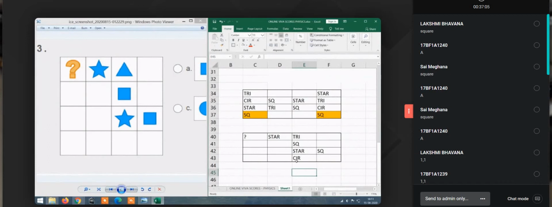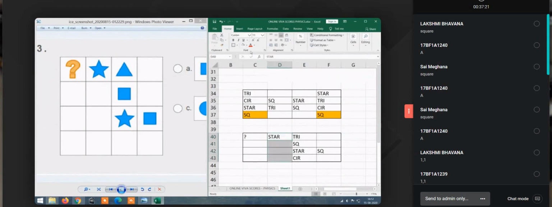What you can do here is take this star. Now you want to see where you can place the third and the fourth stars.